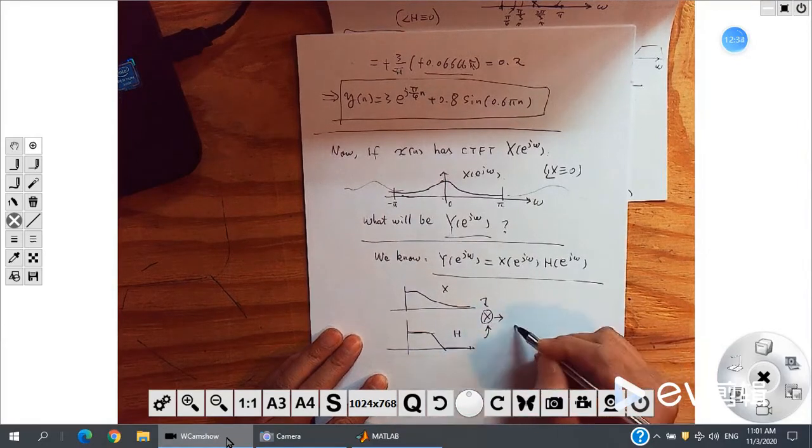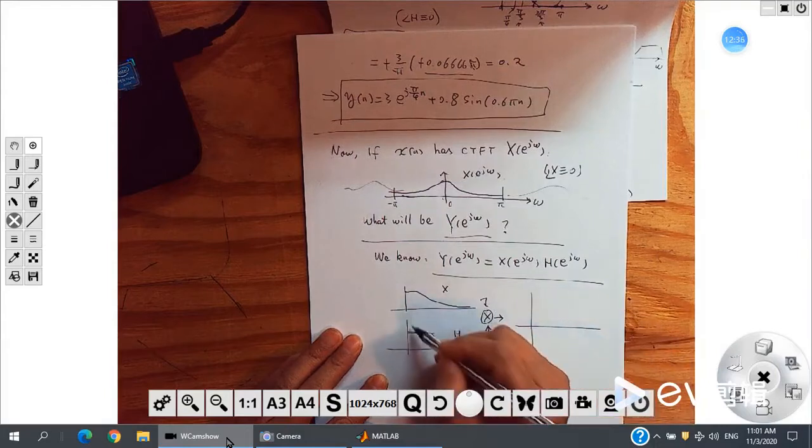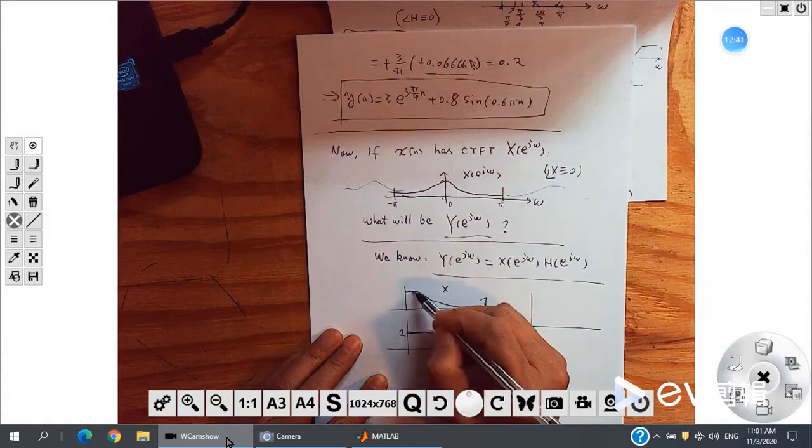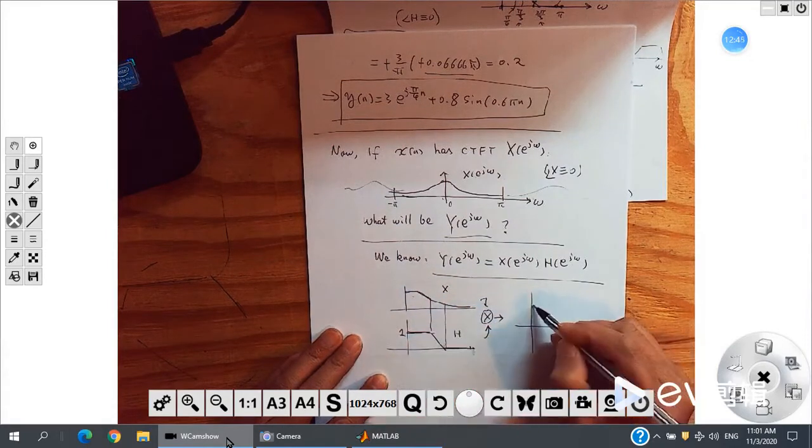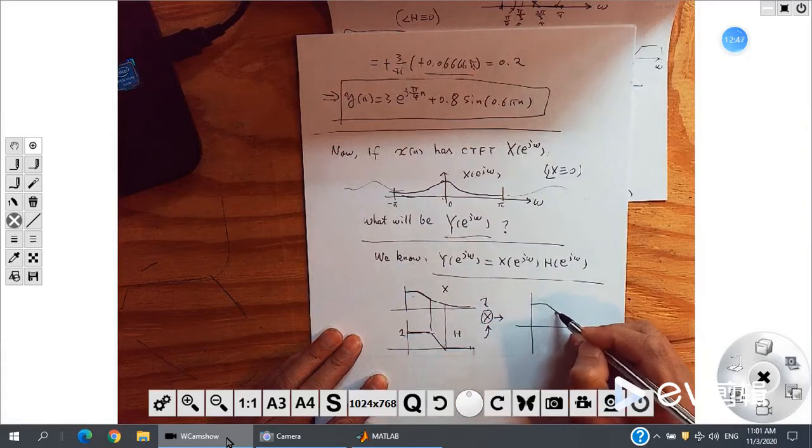What will be the result? This part times this one: here's 1, so when you multiply this part, nothing changes. So this part is just the same.